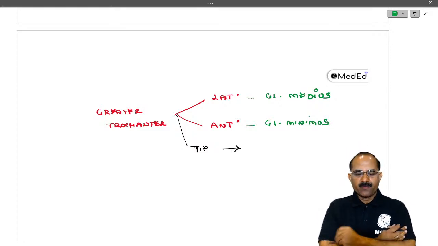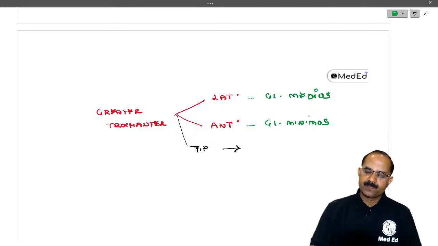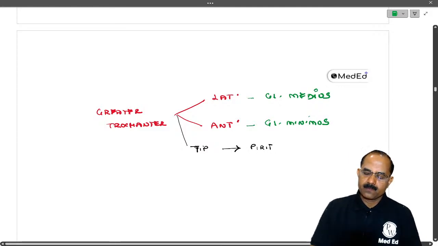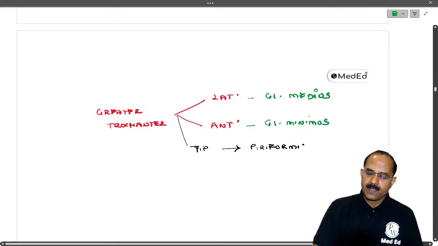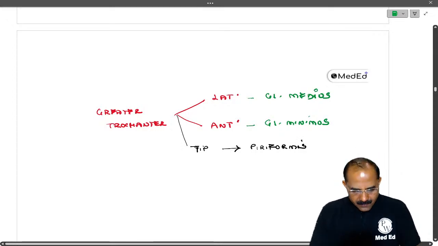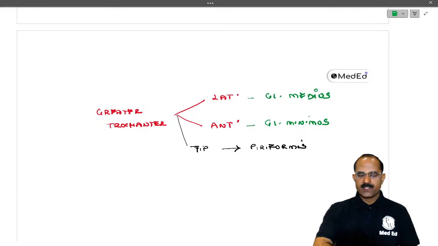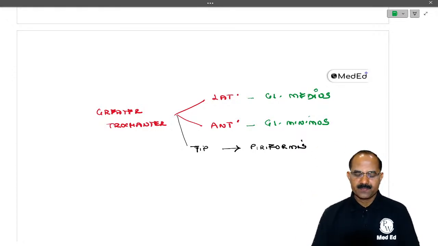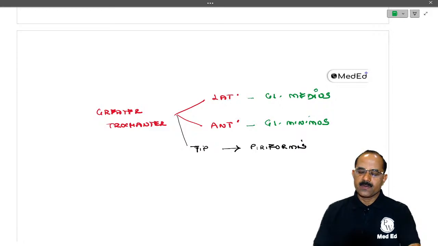Muscle attached to the tip of the greater trochanter. Anyone? Piriformis. The muscle is piriformis. Perfect. Okay, we'll proceed. Great, very good. We'll proceed.